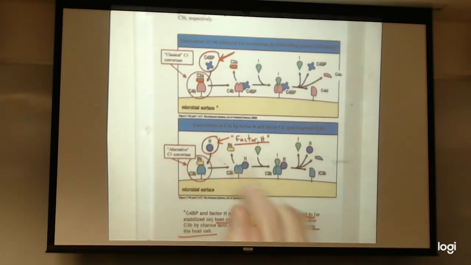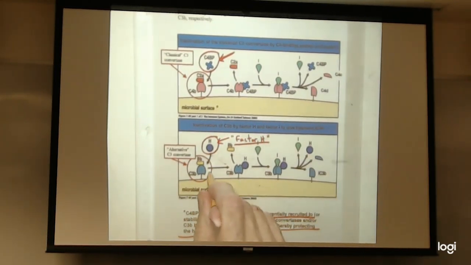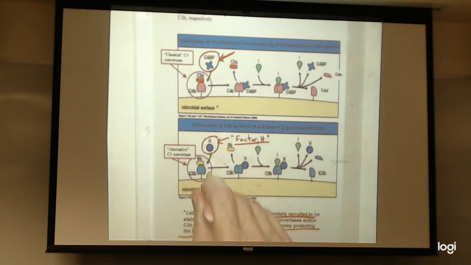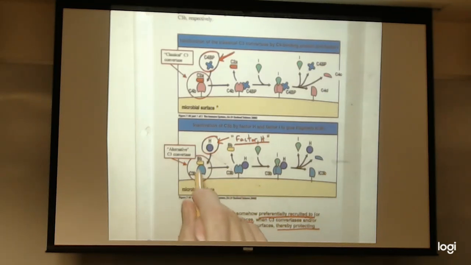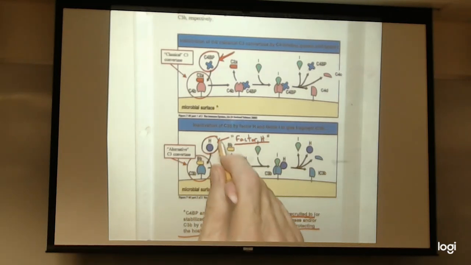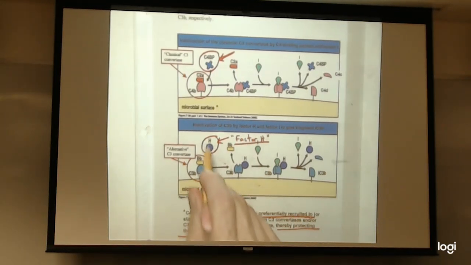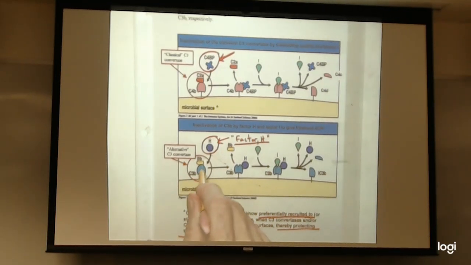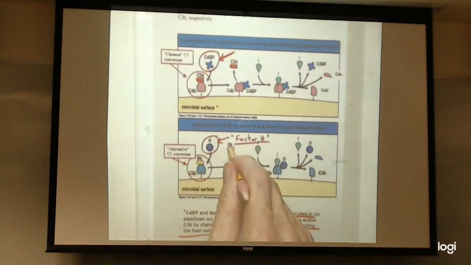In a similar way, we have the alternative C3 convertase, the amplifying guy, and it's going to be busily cleaving C3 like crazy. Along comes factor H. Factor H is going to bind to C3b, causing the displacement of Bb.